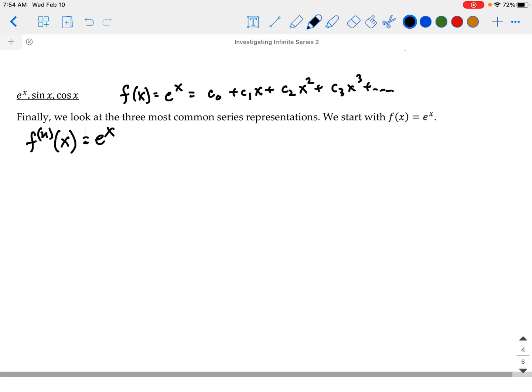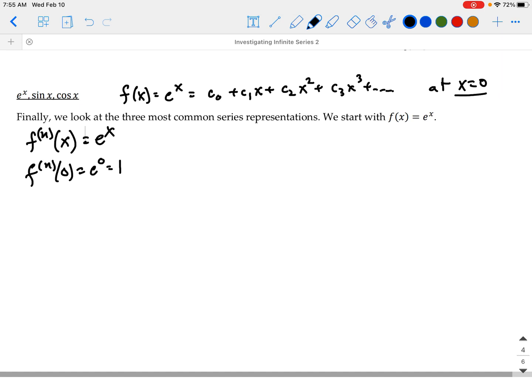So if we evaluate this again at x equals 0, centering it at our origin point, or 0, 1, I guess, we're going to get a really nice outcome in that the nth derivative at 0 is just e to the 0, which is just 1. So let's go ahead and see what we get here.